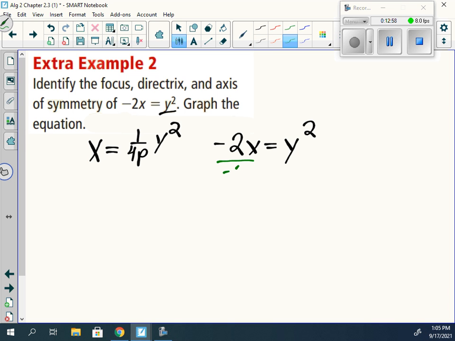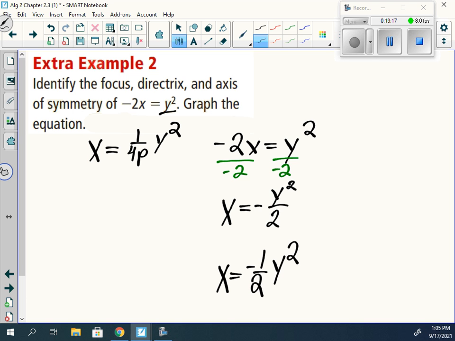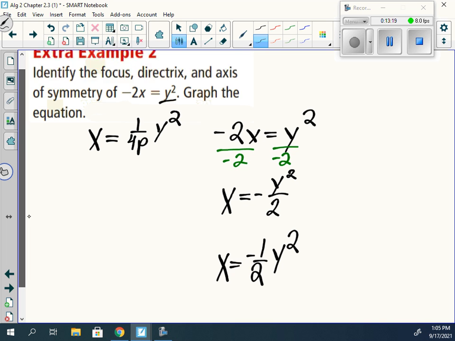And to get that, we would divide both sides by -2. Because -2x divided by -2 would be x is equal to negative y squared over 2. Or really, we can just say x is equal to -1/2 times y squared.